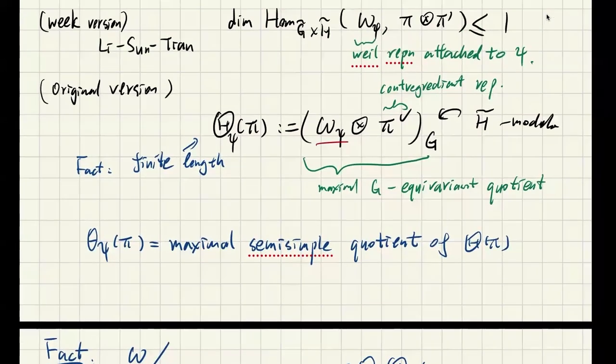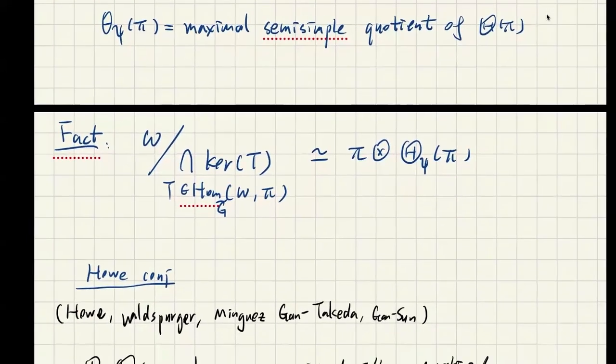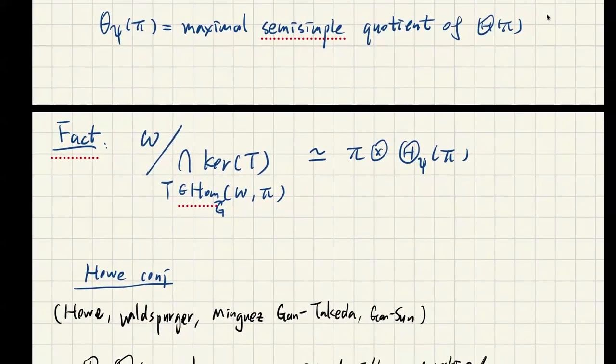This is a modern way to define big theta pi. But Roger Howe's definition is as follows: the Weil representation quotient by the intersection of all kernels of the intertwining operators from the Weil representation to pi. It is isomorphic to pi tensor big theta pi.